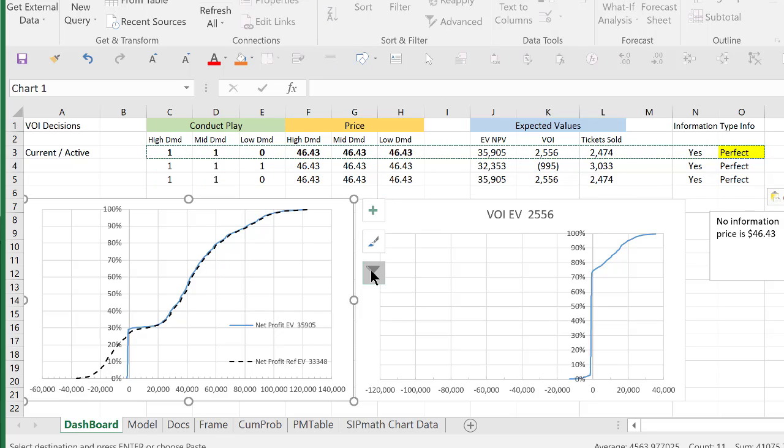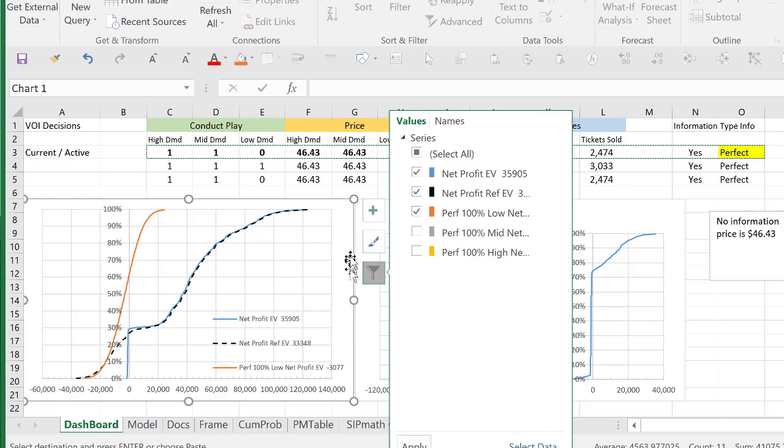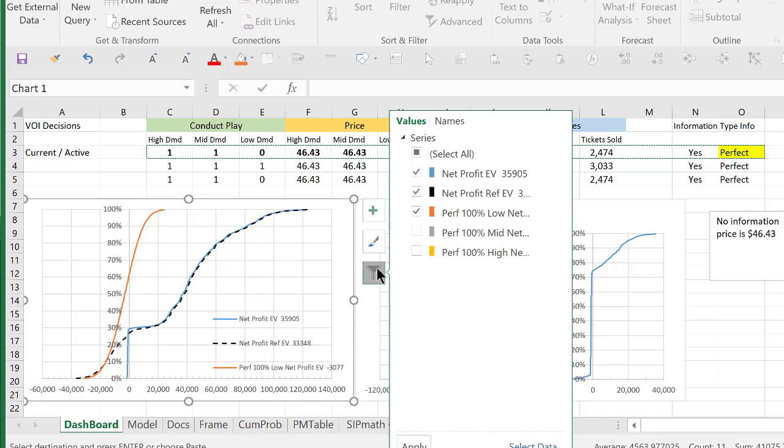If I turn on the low demand and apply, you can see that some of the time, even with the low demand, it made sense to put on the play. So this little part of the curve is causing this downside. You okay with that? All right, so let me turn that off again.